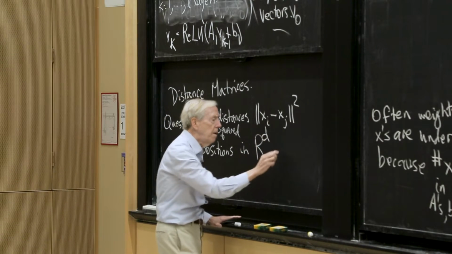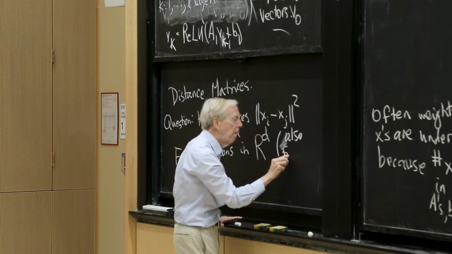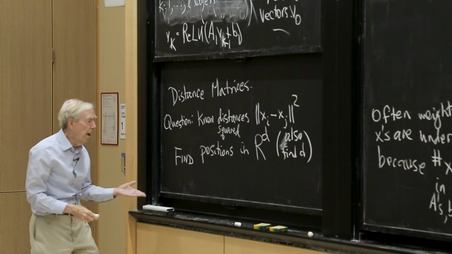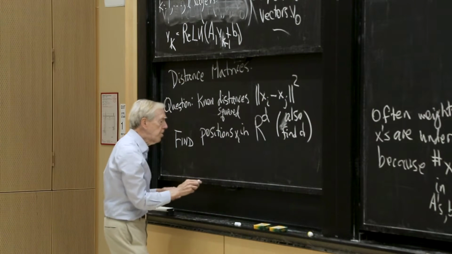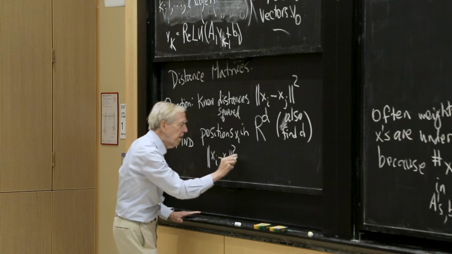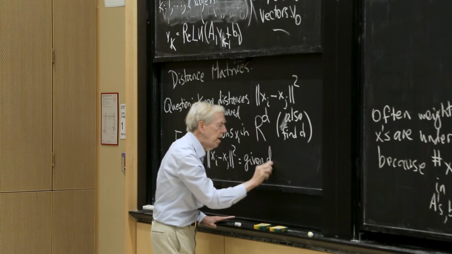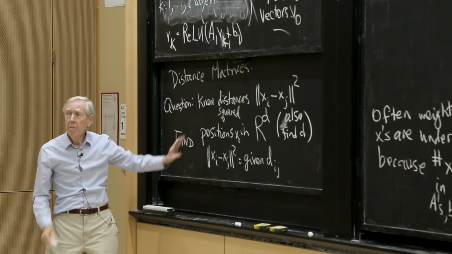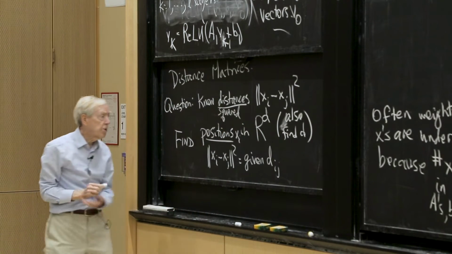I'll just put D, and we're also finding D. And what are these positions? These are positions xi, so that the distance between xi minus xj squared is the given dij. So we're given distances between them, and we want to find their positions.